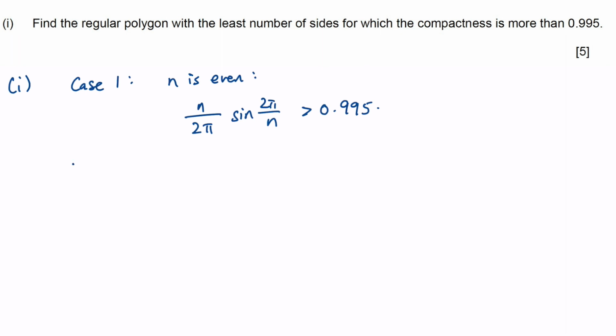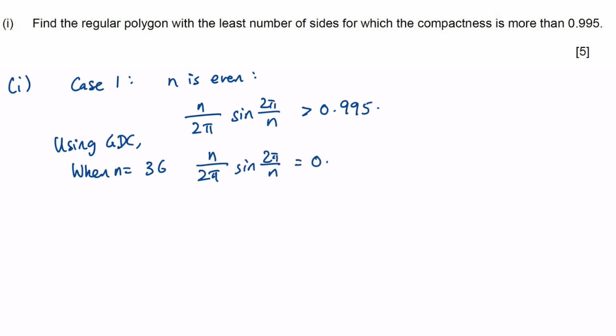Alright, so now when n equals 36, using GDC, n over 2 pi sine of 2 pi over n is actually 0.9949.